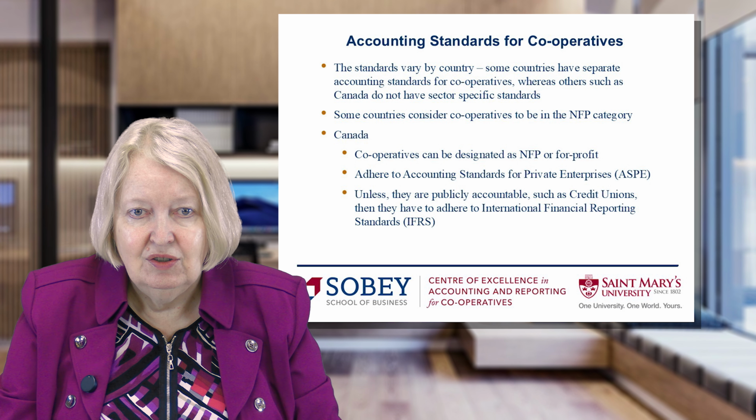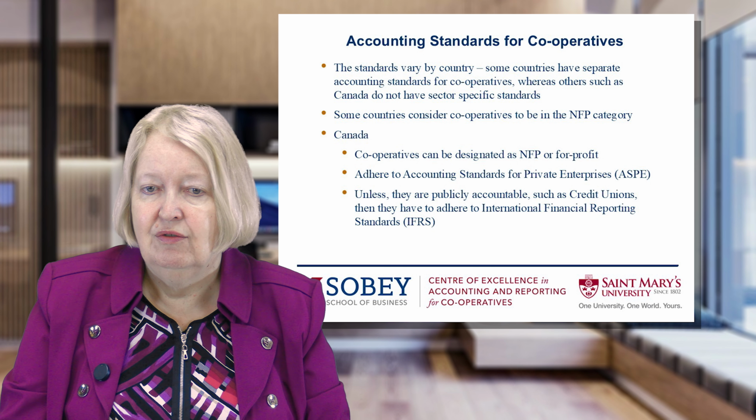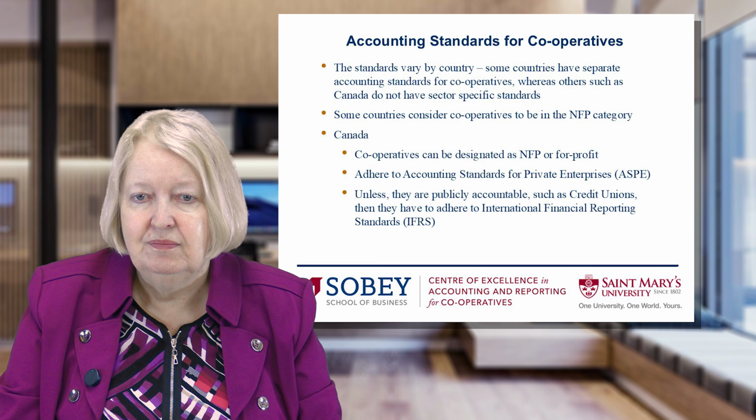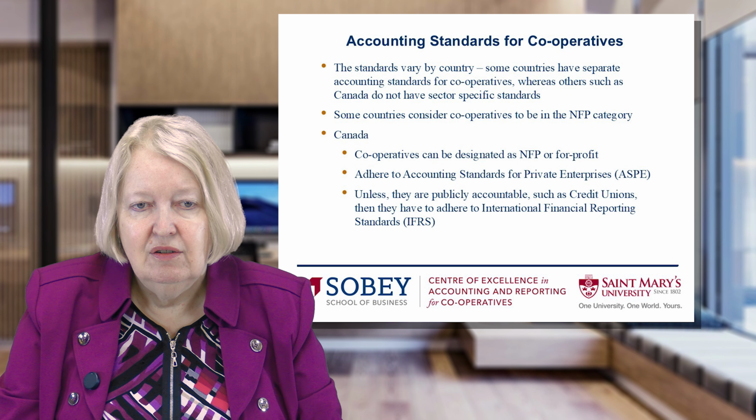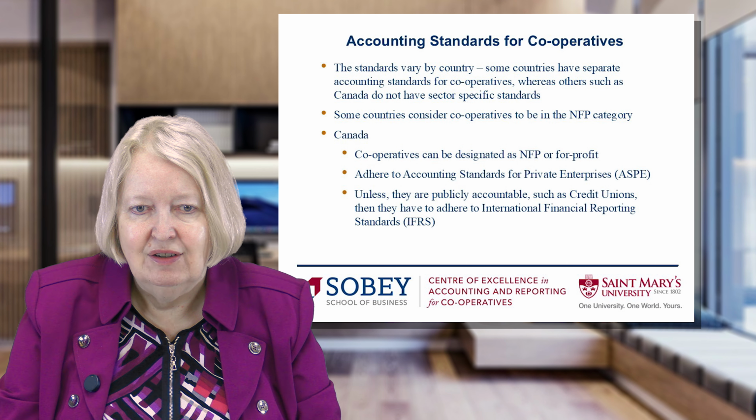And in some countries, cooperatives are in the not-for-profit category only, whereas in Canada, cooperatives can be designated as either for-profit or not-for-profit. They're required to adhere to accounting standards for private enterprise, ASPE, unless they're publicly accountable, such as credit unions, and in that case, they have to adhere to international reporting standards.